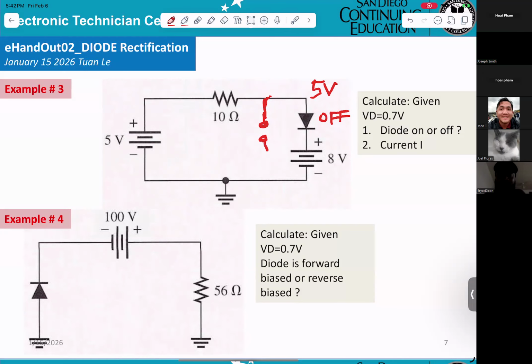And this is a battery, 8 volts. Forget the diode, you're working with the circuit. So diode on or off, you say off.